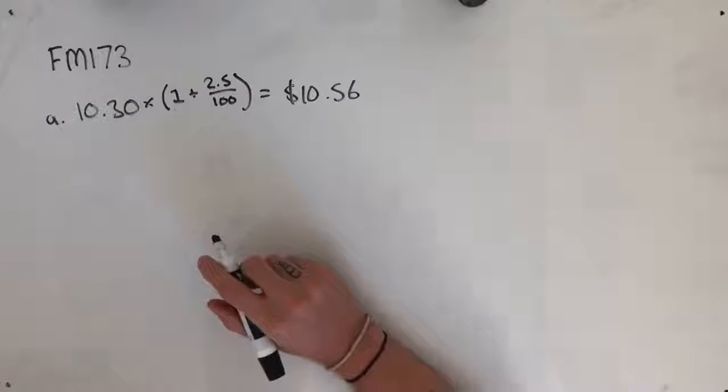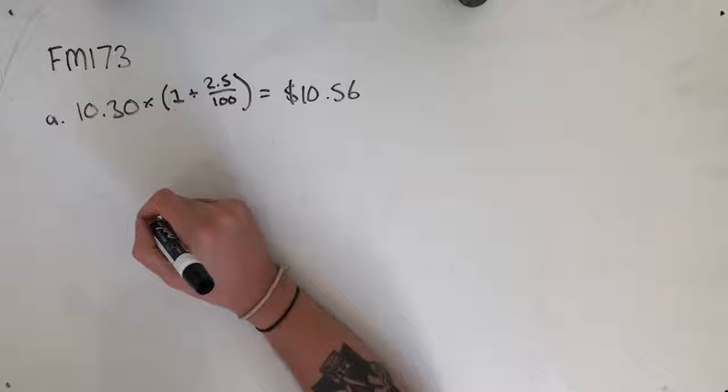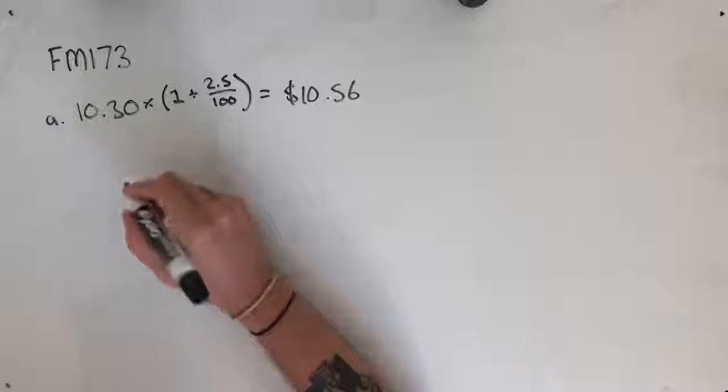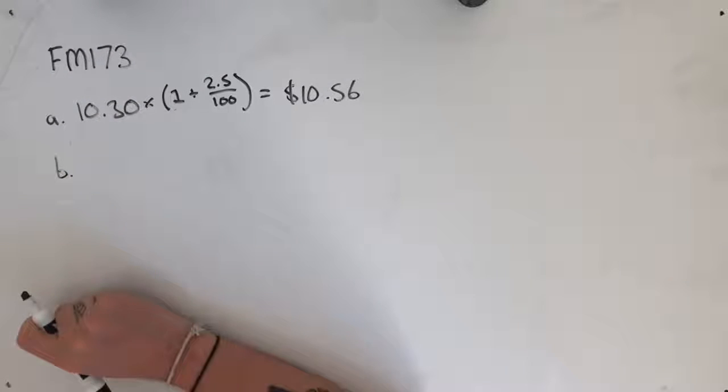Moving on to part B, it says let Ln be the amount owed on the late fee after n months. Part B, write down a recurrence relation in terms of L0, Ln plus 1 and Ln that models the amount of the late fee.